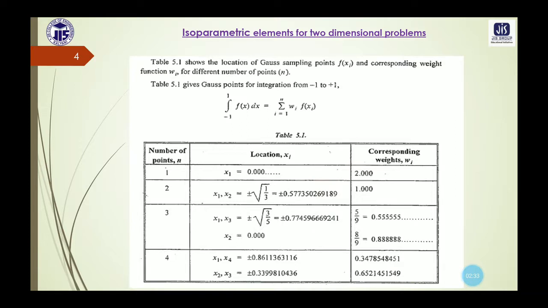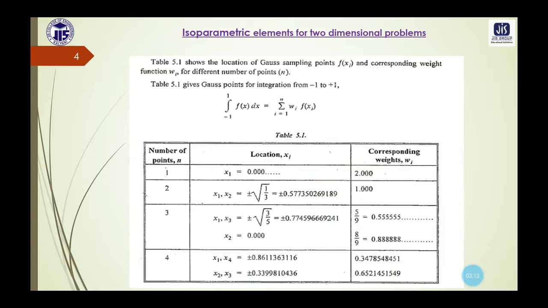This f(x) is the integrand that will be given in the numerical, and based on the number of sampling points we will determine the locations, that is x1, x2, and so on. Based on those we will identify that the number of locations will be 2 or 3 or 4, and the corresponding weights, that is w_i, will be selected from this table.